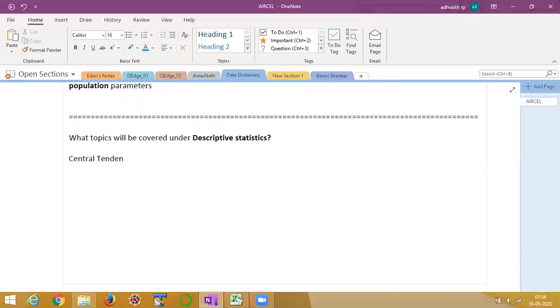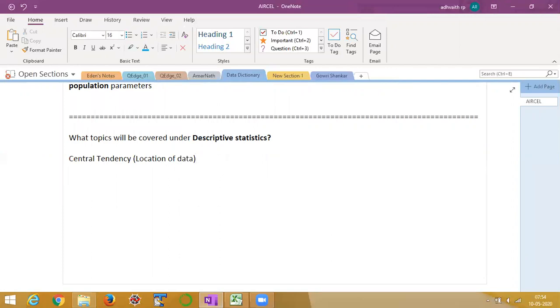The first one is central tendency. Central tendency is nothing but the location of data. Whenever I give any column, any random variable, how is the data getting centered?